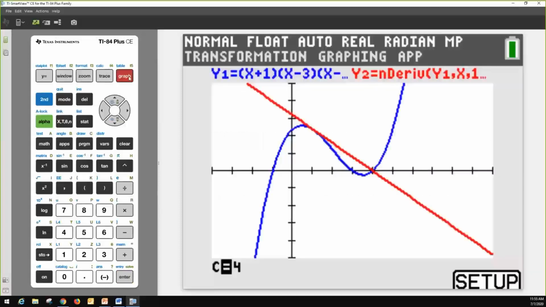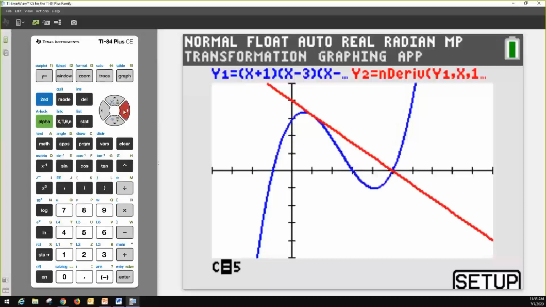So now I've graphed my function. You can see that the red graph passes through my cubic at the x-intercept, or at least it appears to. That's when C equals 4. I can change the value of C and see that it's still passing through what appears to be the x-intercept.